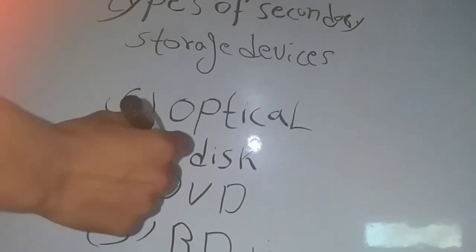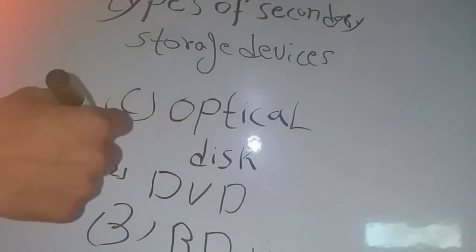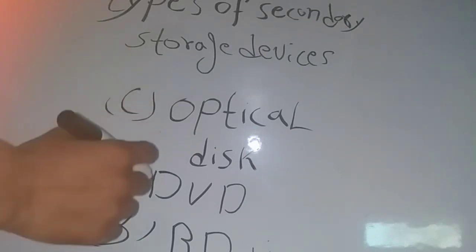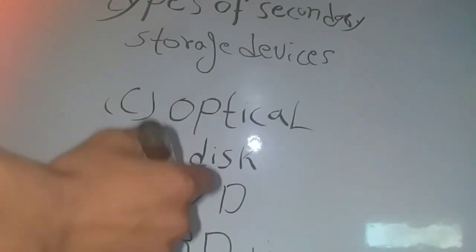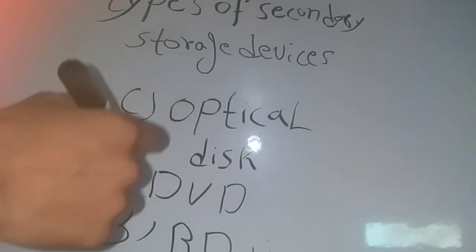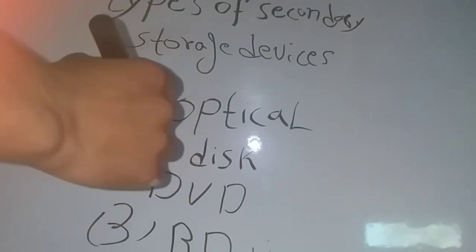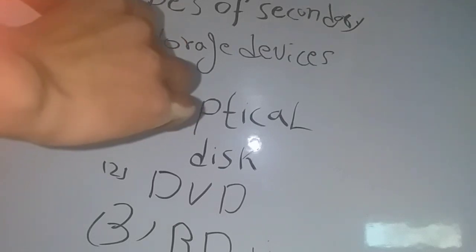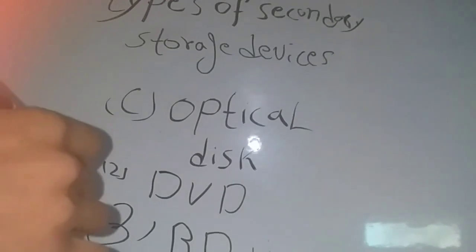A Blu-ray disc drive uses a blue laser to read and write to the disc rather than the red laser of a DVD player. The advantage over CD and DVD is that it has a storage capacity of 50 GB to 100 GB. It is also faster than CD and DVD.